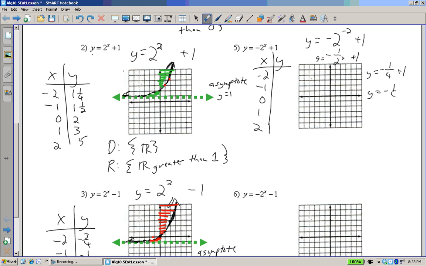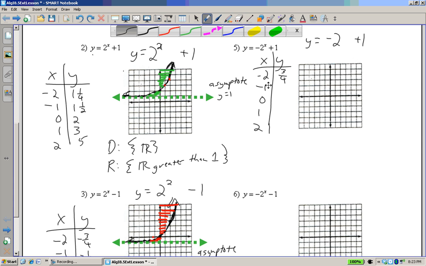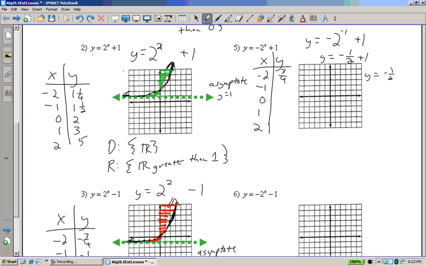You could think of that as negative 1/4 plus 4/4, which is going to be positive 3/4. Okay, negative 1. Negative 2 to the negative first power, that's y equals negative 1/2 plus 1. Negative 1/2 plus 1, you can think of that as negative 1/2 plus 2/2, which is positive 1/2.